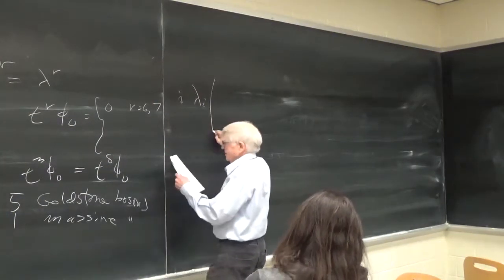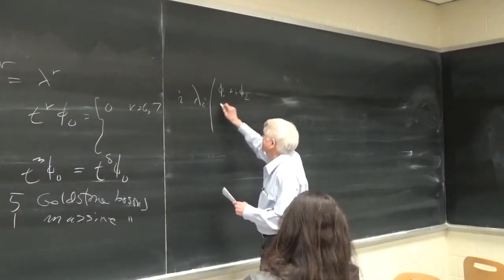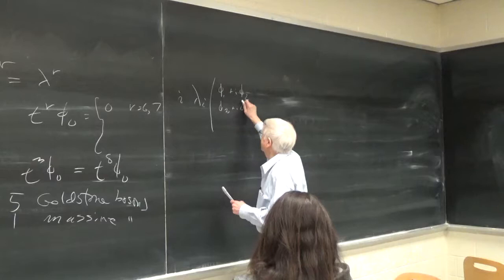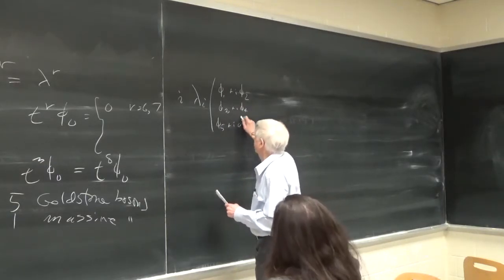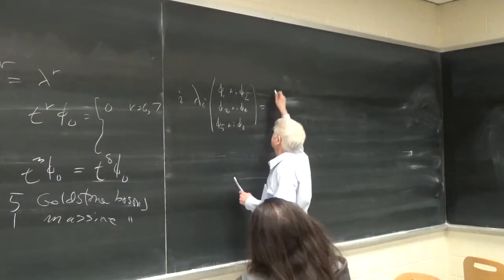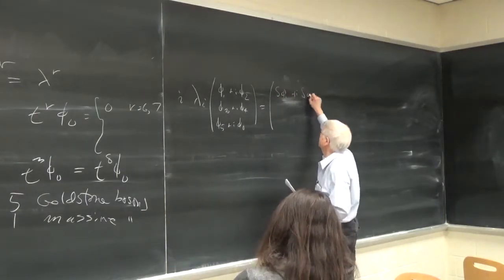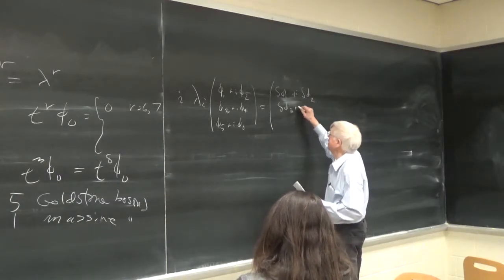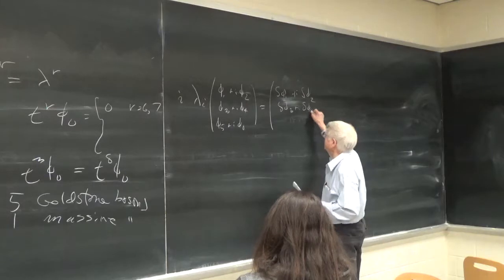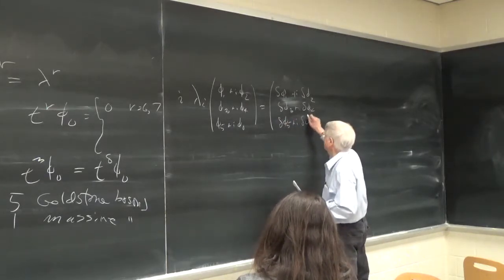Let's say that we have phi 1 plus i phi 2, phi 3 plus i phi 4, phi 5 plus i phi 6, and we say that this is delta phi 1 plus i delta phi 2, and so forth, delta phi 3 plus i delta phi 4, delta phi 5 plus i delta phi 6.